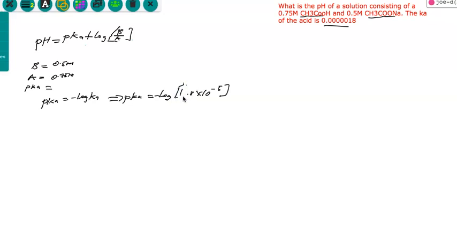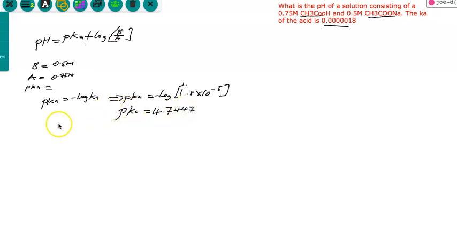Now, if we plug that in, we will have the pKa to be 4.7447. That is our pKa.